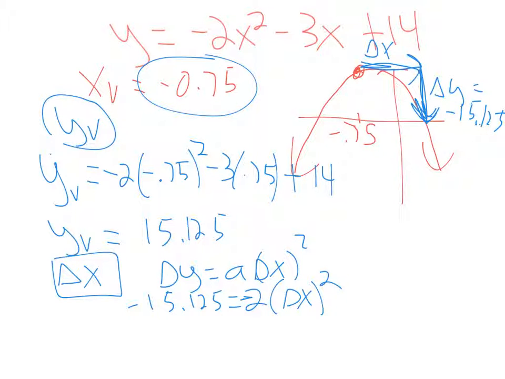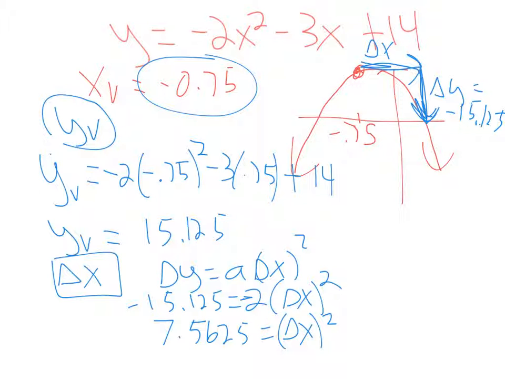And so what is 15.125 divided by negative 2? It is 7.5625 equals delta x squared.